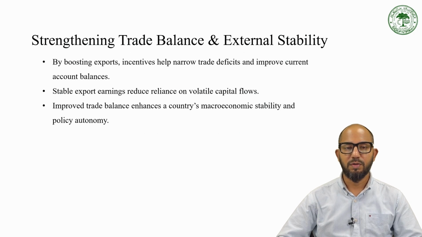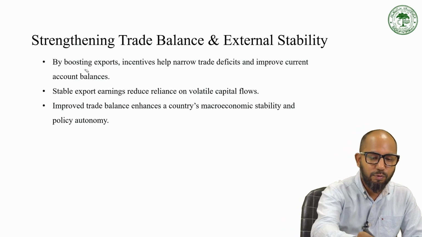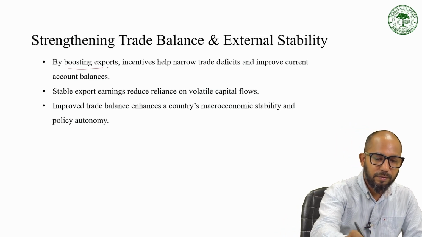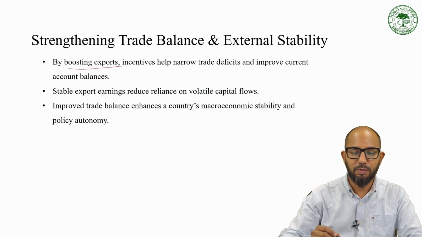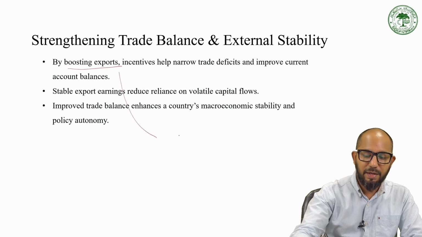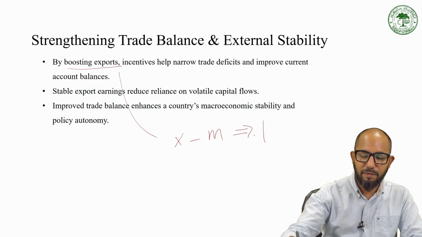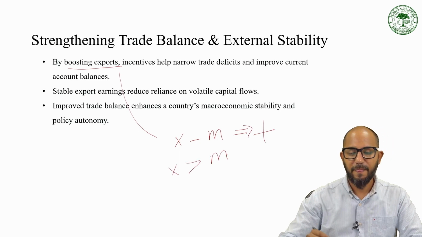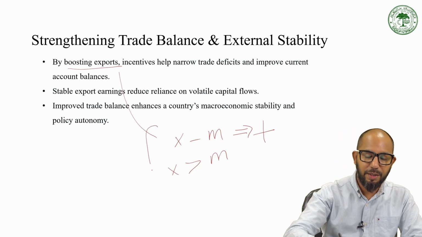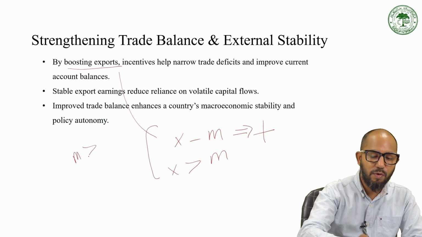Let us talk about strengthening trade balance and external stability. Export incentives can boost exports, and by boosting exports, it means that export minus import may become positive, which means exports will be more than imports. Or it can also mean that if imports are more than exports, the difference between these two may be reduced.